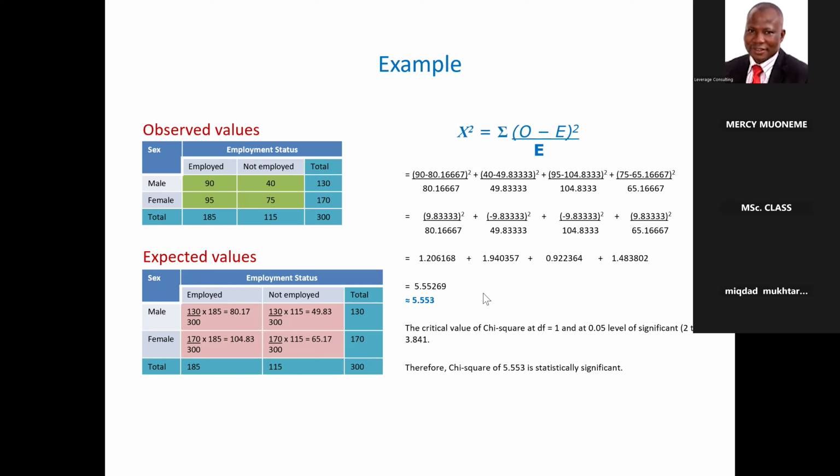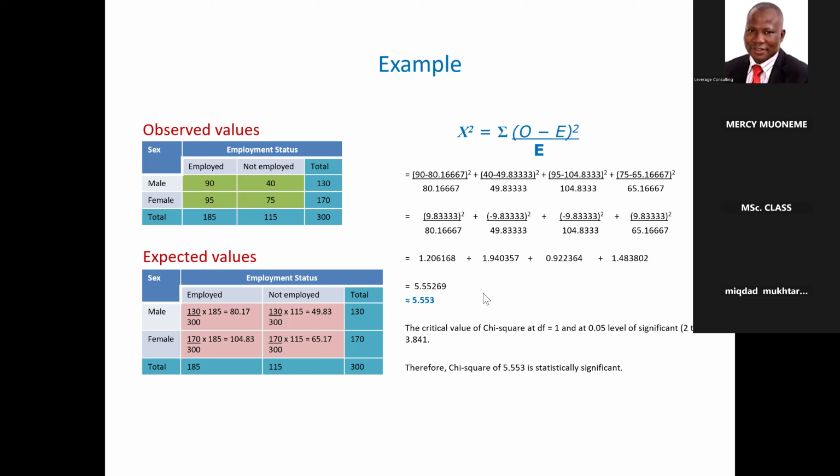Okay, let's do for the female: 104.83 divided by 170. 0.62, 61.7, the same. Can you see now?